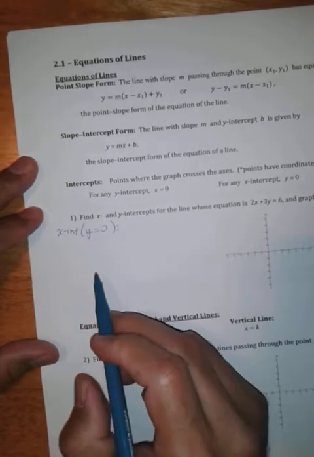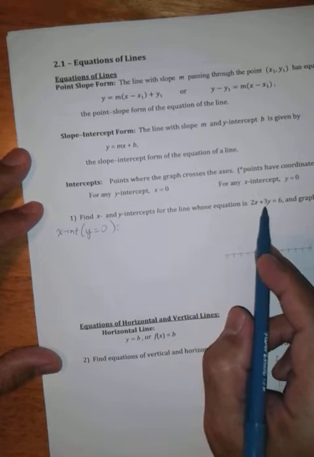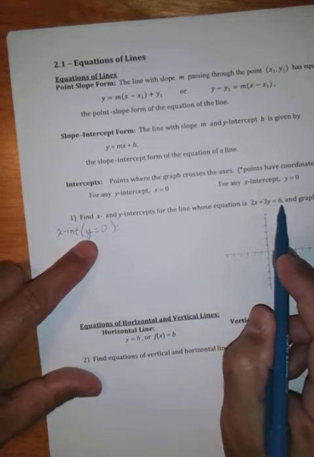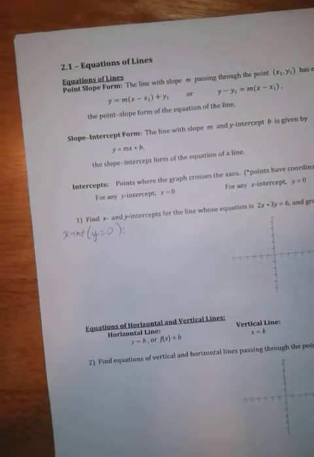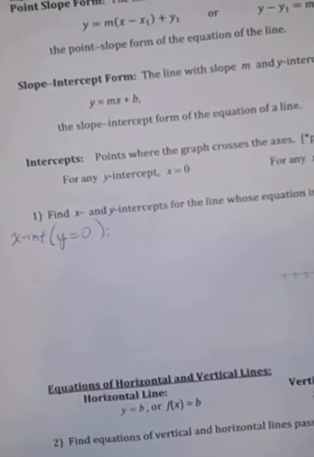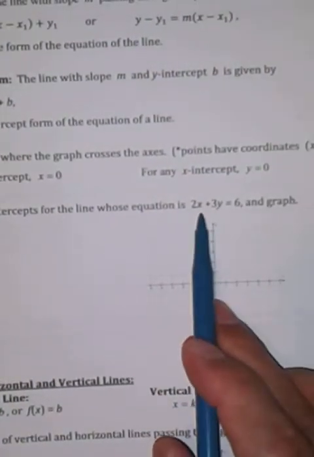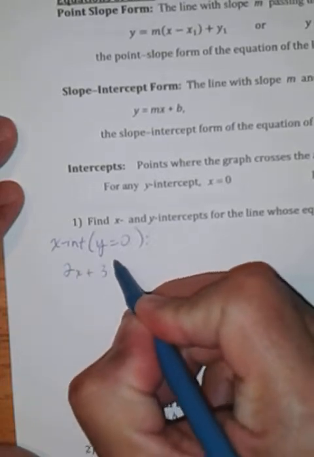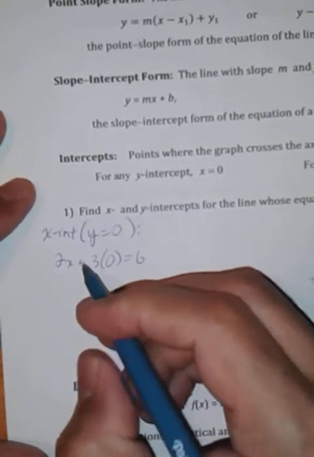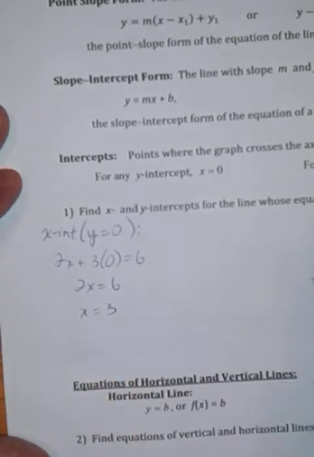All right, so then my equation becomes, let me zoom this in, it'll be a little bit easier to see. Okay, so I've got 2x plus 3y equals 6. So this is 2x plus 3 times 0 equals 6. And so 2x equals 6. And if I divide by 2, I get x equals 3.